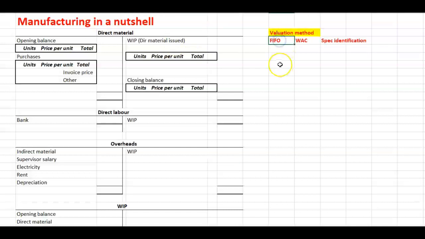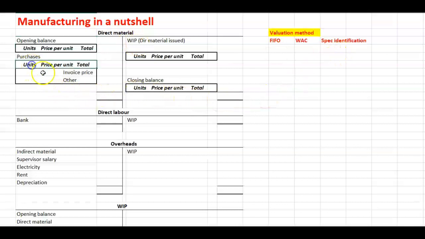Now, if I have worked on FIFO, we would have said that the direct material that I've issued into the production process will be the number of units that we have issued, and we will start off with our opening balance. So we would issue this number of units first at that cost, and that will form part of work in process.